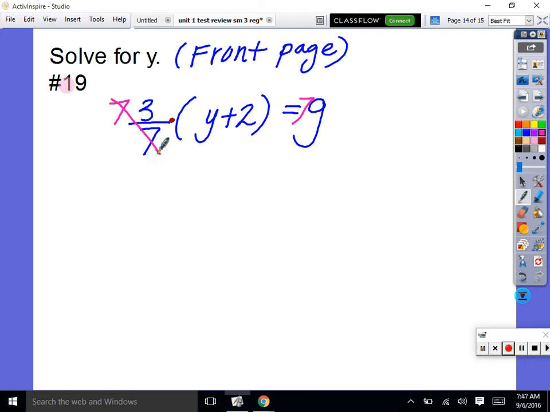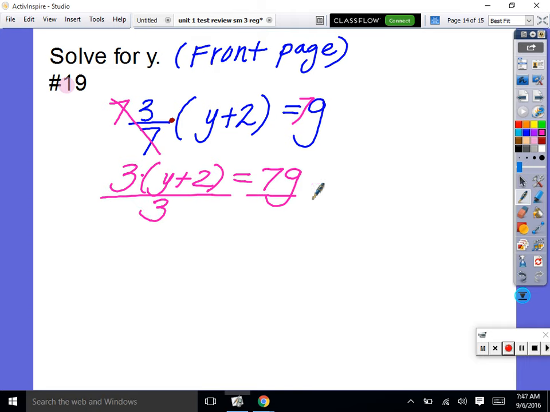7's divide out. That leaves me with 3 times y plus 2 is equal to 7g. Does everybody understand why I multiplied by 7? Now to get y alone, my next step would be to undo that 3 that's multiplied to all this. So when I divide by 3, we have y plus 2 is equal to 7g over 3.